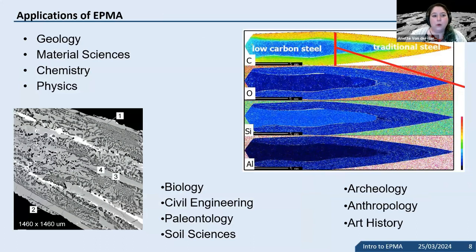So there's a wide-ranging field of applications for electron microprobe. I already mentioned that they're dominantly found in geology and material science departments and laboratories, but usually chemistry, physics, biology, civil engineering, paleontology, soil sciences, archaeology, many different fields make use of the electron microprobe because of its versatility.